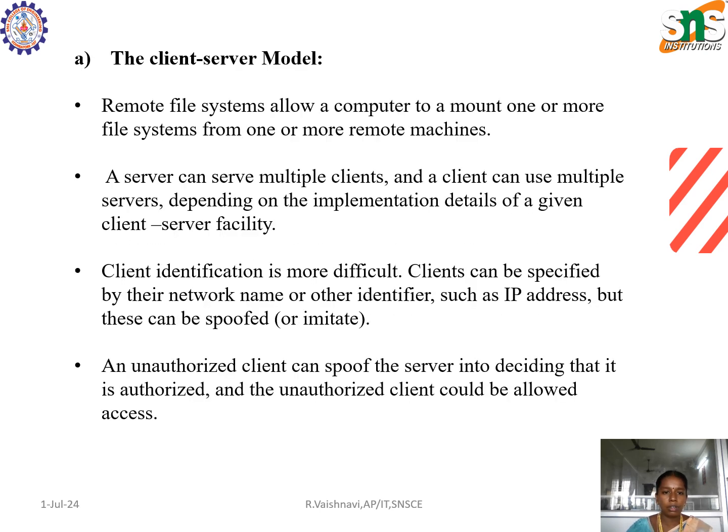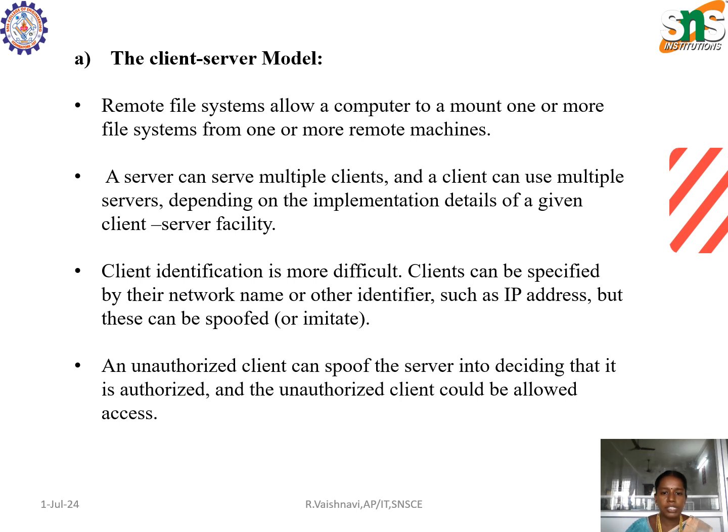Here we have the client-server model. Remote file systems allow a computer to mount one or more file systems from one or more remote machines. The server can serve multiple clients, and the client can use multiple servers, depending upon the implementation details of the given client-server facility.